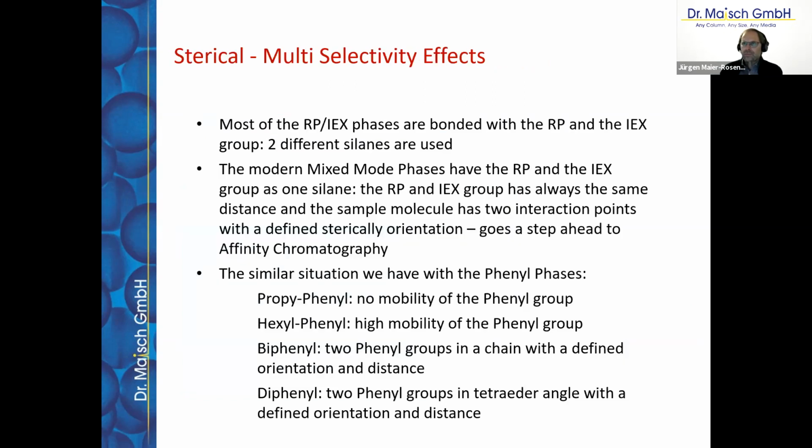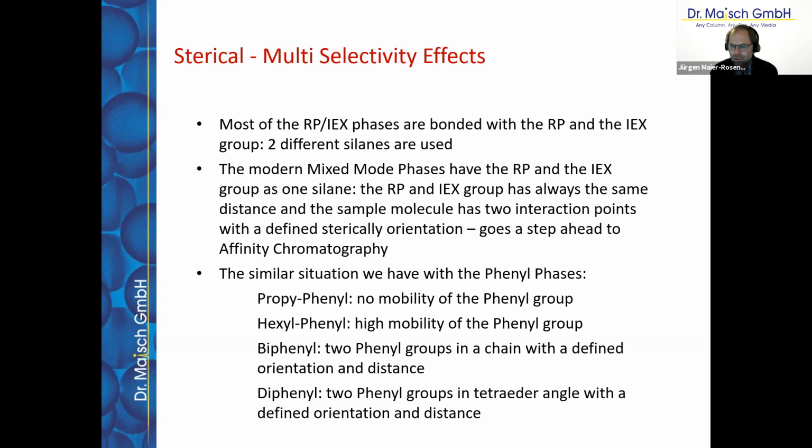So that's the first important effect. The second effect is that most of the reverse phase IX phases are bonded with the RP and the IX group. So two different silanes are used, and you have a statistical distribution of these two groups over the surface.